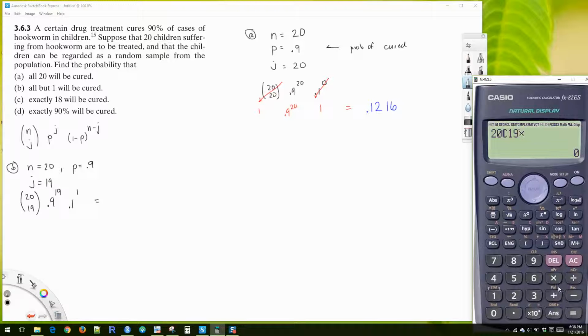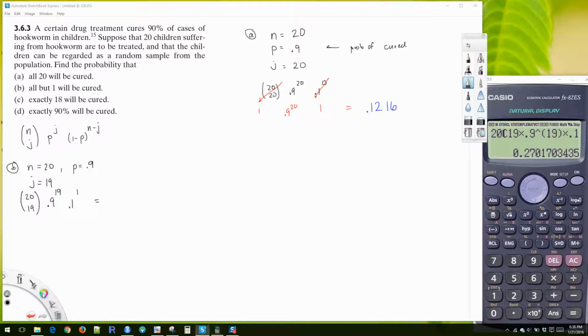I got 20 choose 19 times 0.9 raised to the 19 times 0.1, and I can raise it to the 1, but it's not necessary. I'm just going to hit equals, and I get 0.2702. So my answer here is 0.2702. All right, and I hope that's so far so good.